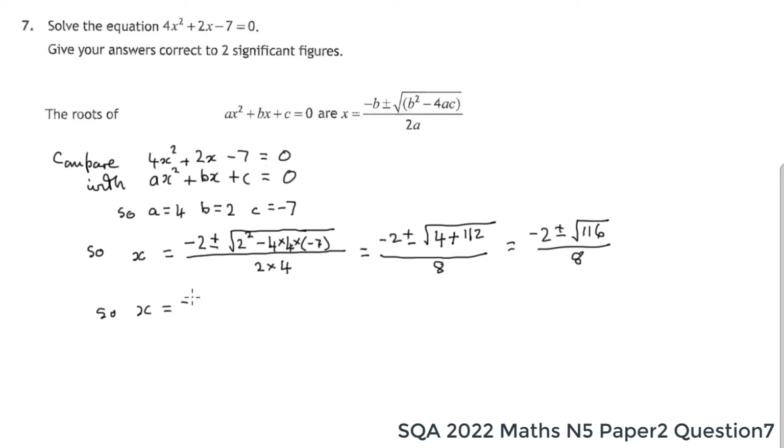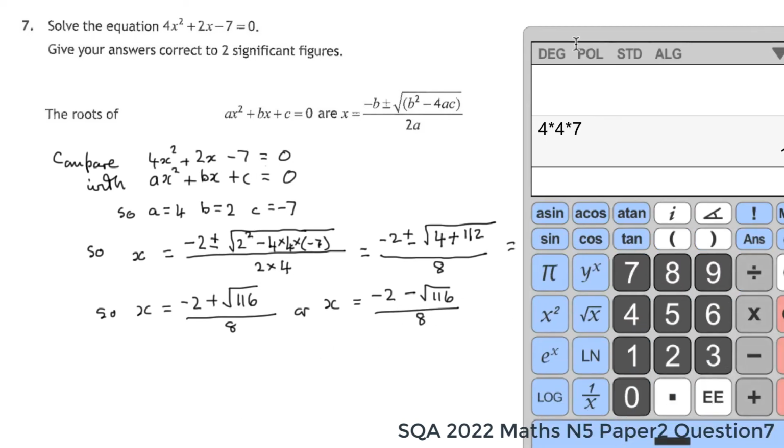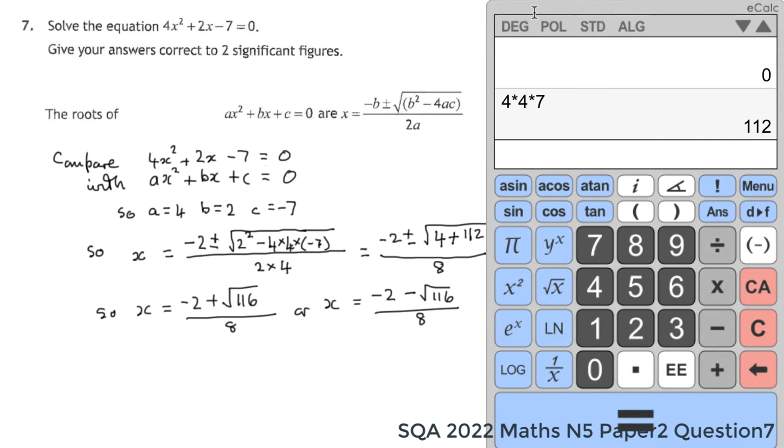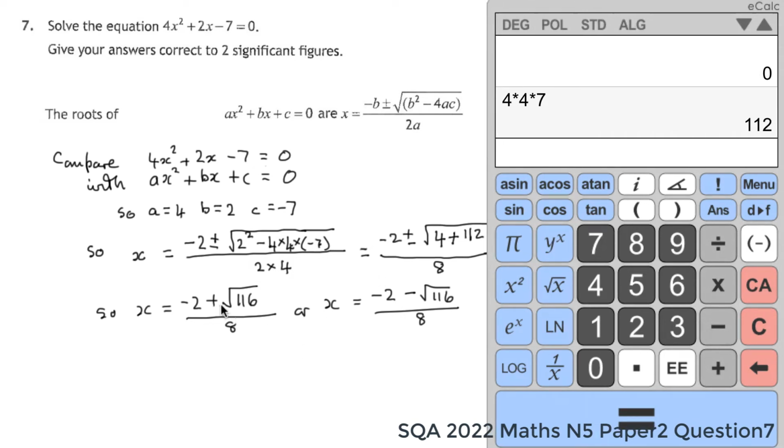x is either -2 plus the square root of 116 over 8, or x is equal to -2 minus the square root of 116 over 8. So we need to work out these values on the calculator. So let's work out this first one. So let's have a -2.